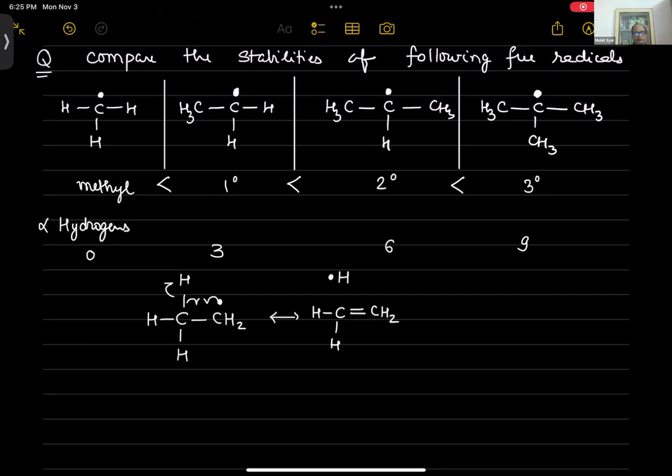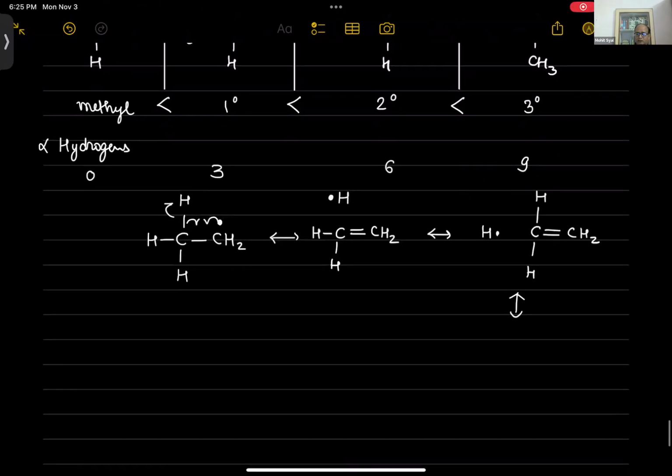Not only this hydrogen, the next one. This hydrogen can also do it in the same way in which the above hydrogen did. And this hydrogen also. Clear?